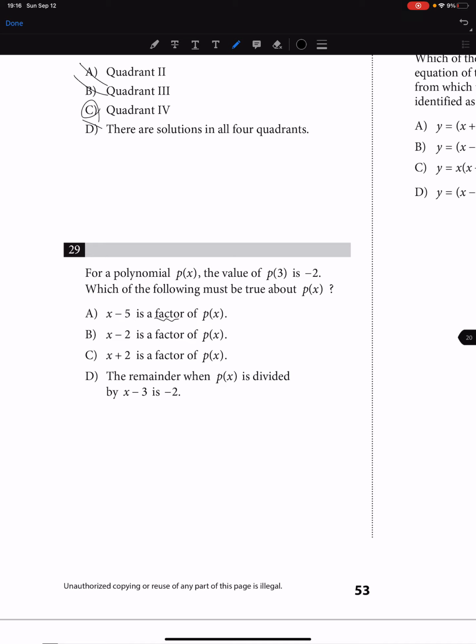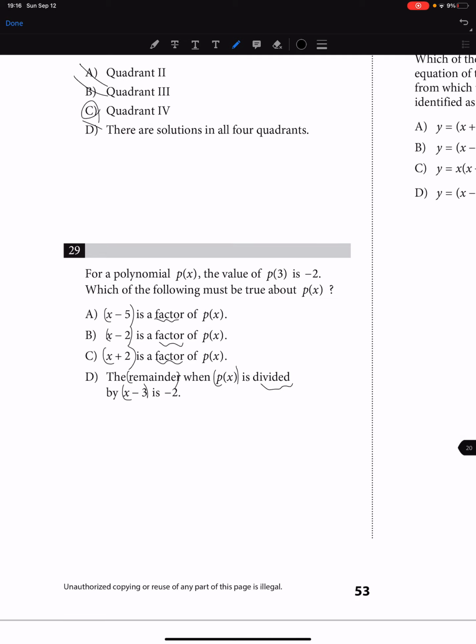If you see here, it says some kind of term is a factor of p(x), or the remainder when p(x) is divided by x minus 3 is -2. So we want to prove that some term, let's say x plus k, is a factor of p(x).